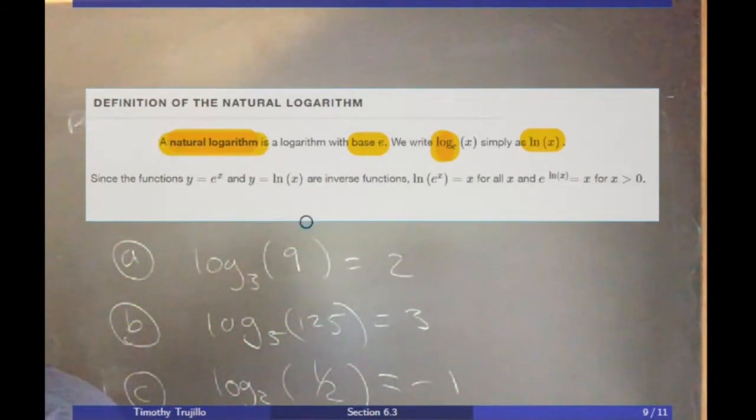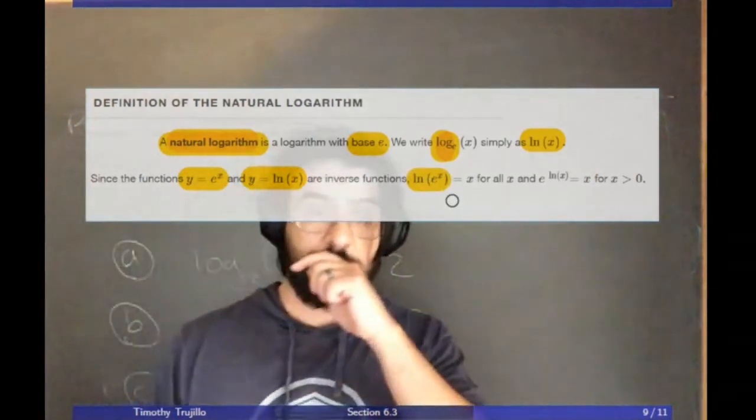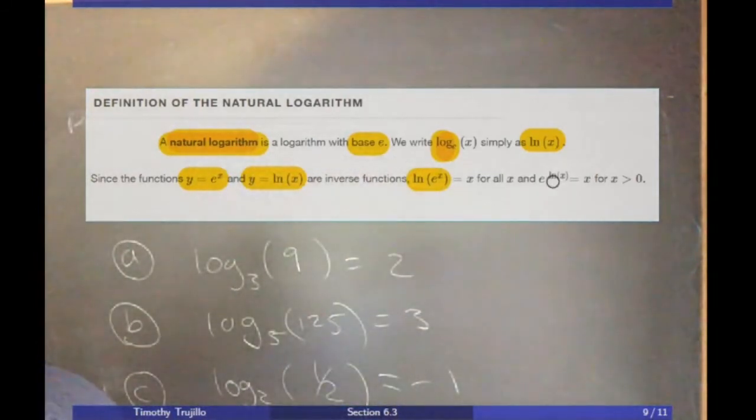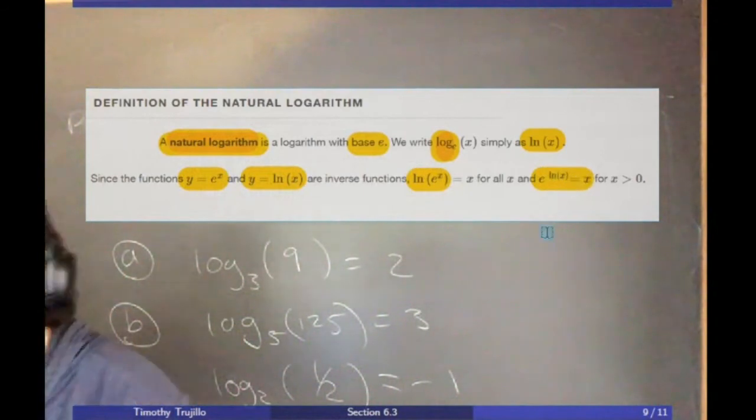And just as a reminder of what we said a moment ago, these functions are inverses of each other. So if we have y equals e to the x, and y equals the natural log of x, then when we compose these two functions together, they cancel each other out. So the natural log undoes the exponential function whose base is e, Euler's constant, and e undoes the natural log, okay?